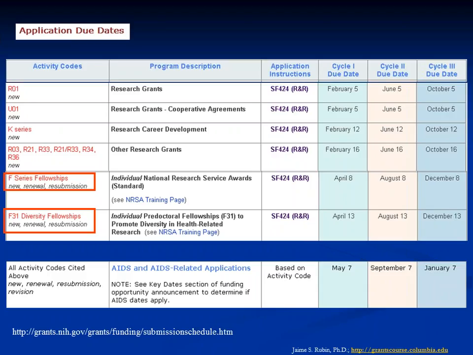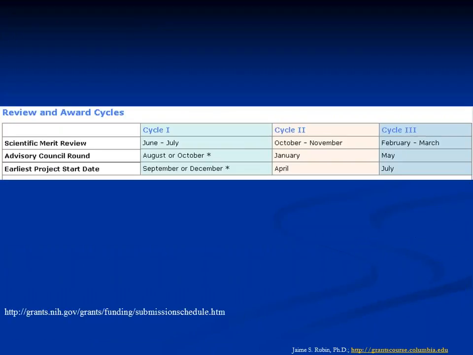And so how long does it take from when you apply to when you get funded? Sorry, if we go back and look at this light bluish green cycle 1, if you apply, let's say, on April 13th, your grant will be reviewed in June or July. It will then go to the NIH's Council for final decision, August through October.